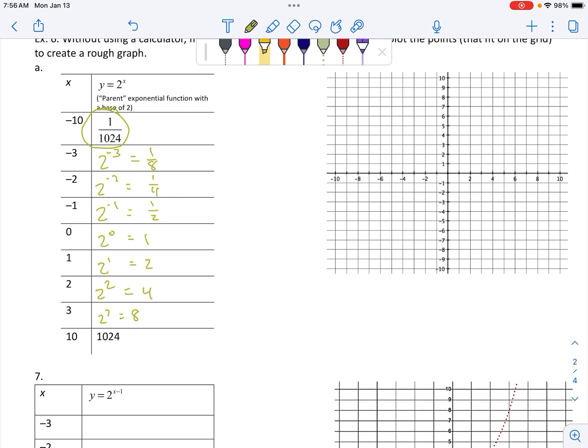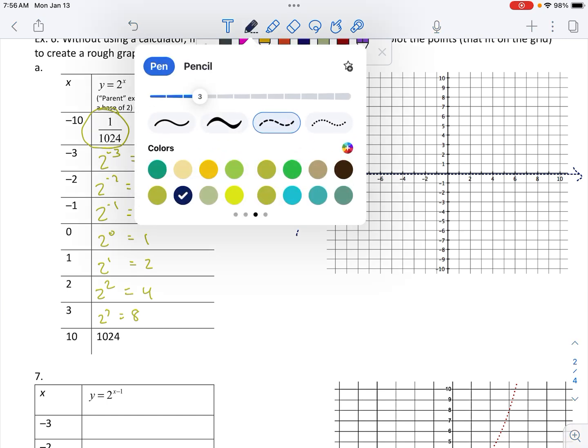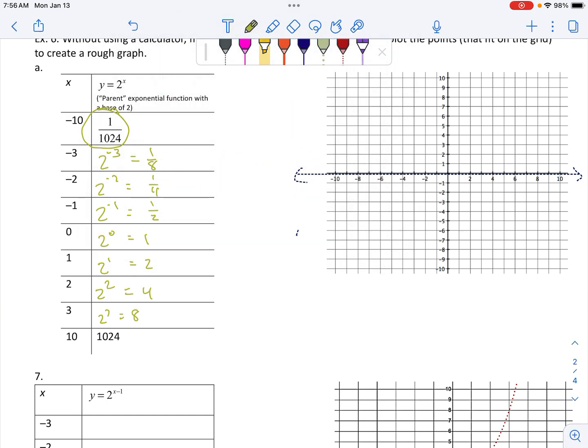So that's going to be your horizontal asymptote again at y equals 0. So we're going to do 0, 1, 1, 2, 2, 4, and 3, 8. So this is exponential growth.